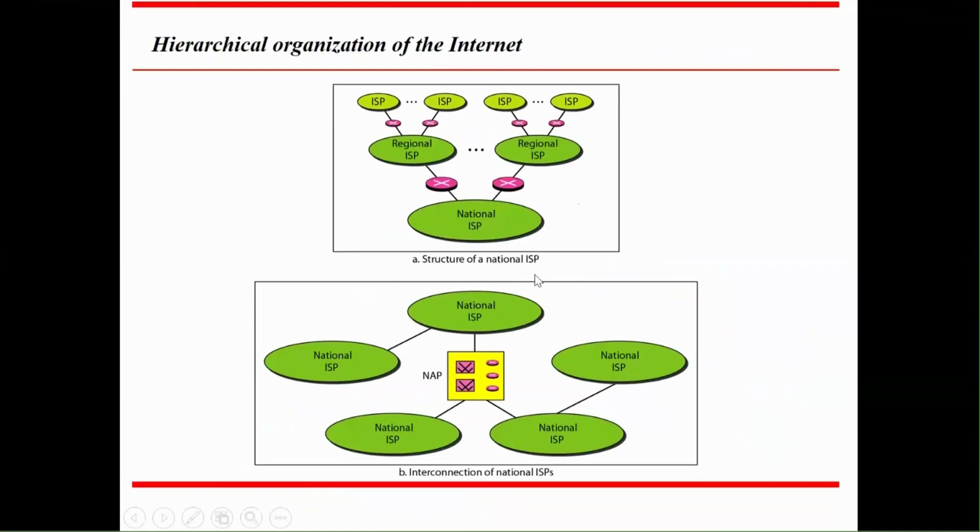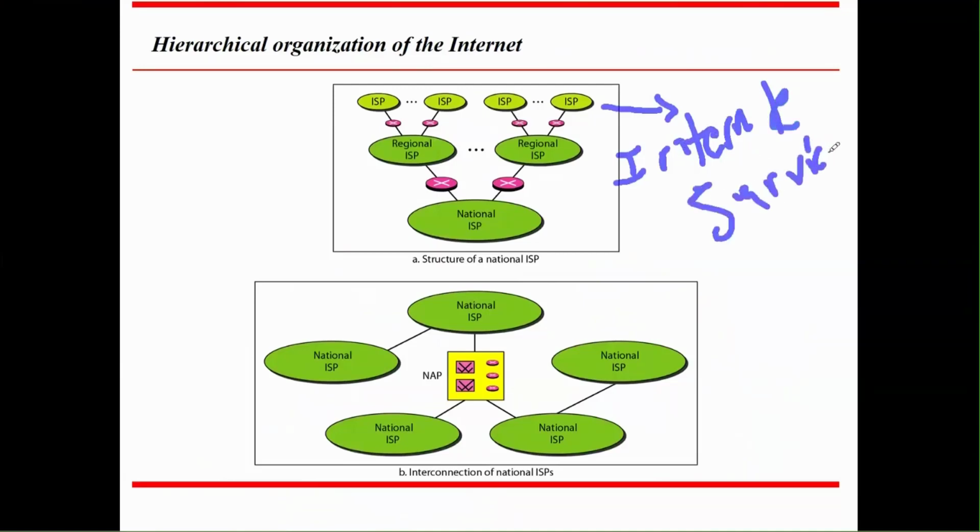Okay, again, when you talk about the internet, usually it's organized in a hierarchy. So we have an ISP again, internet service provider. Okay? So the internet service providers, these ISPs, again, we have regional ISPs and you have national ISPs. Every country has these. So within the region, we have multiple ISPs connected to each other. And within the country, we have national ISPs.